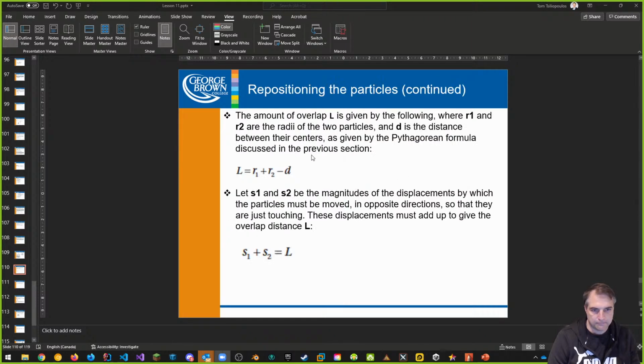So the overlap L is equal to R1 plus R2 minus the distance D. That's how much overlap. That's a number, a scalar.